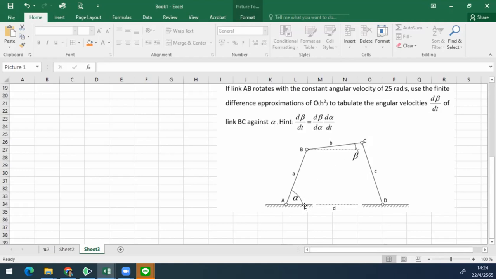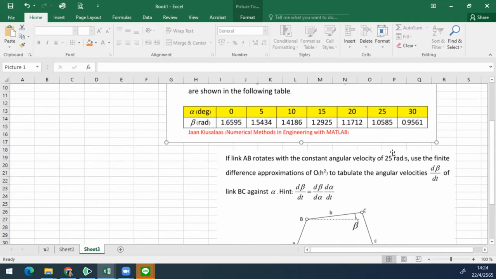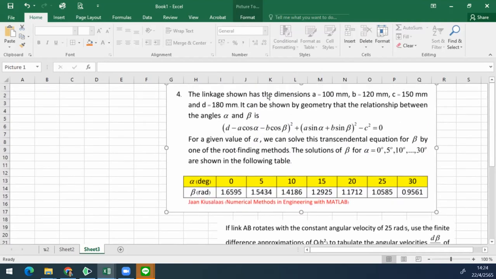For this case, the angle alpha is defined as the degree of freedom of this structure. So beta depends on alpha also, based on this equation.